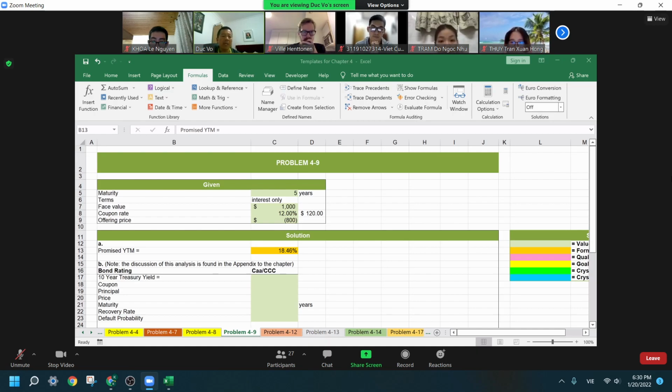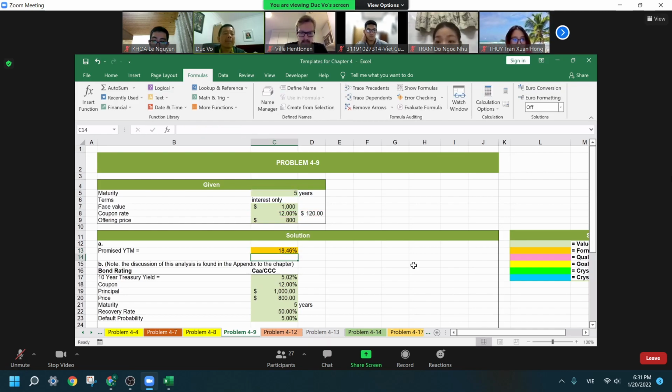An important point is the recovery rate of 50% and the default probability of 5%. If I use the information provided, I prefer to go back to 800 here and correct this one, C9. So I go to the formula and put the minus in the formula.